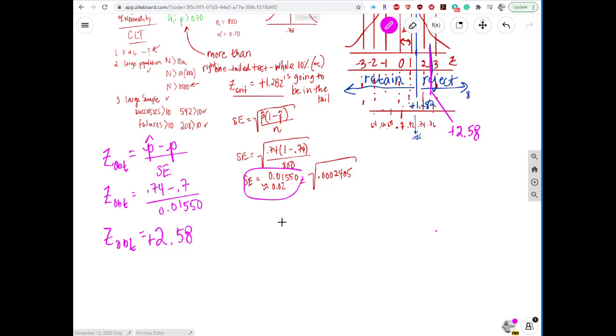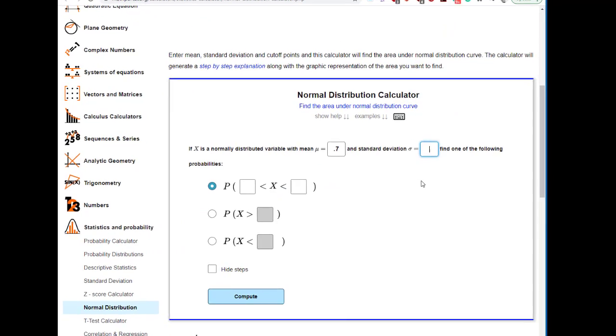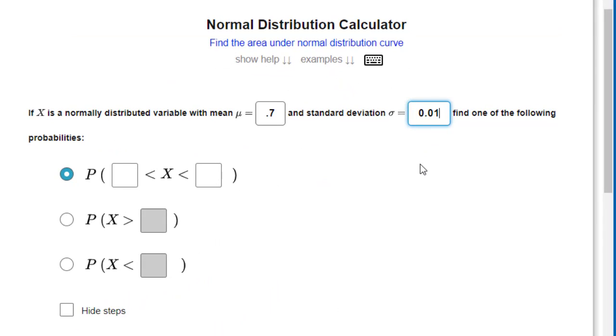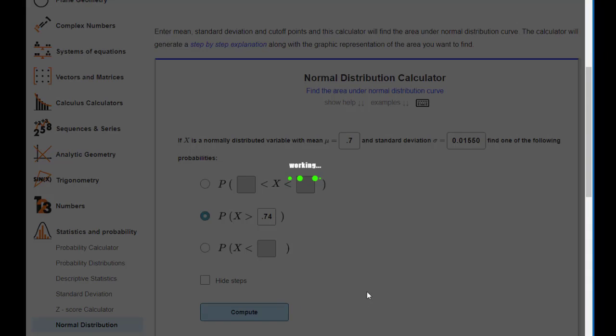Okay, so 0.01550. And we want to know the probability of p being greater than 0.74. I'm going to go ahead and hit compute.